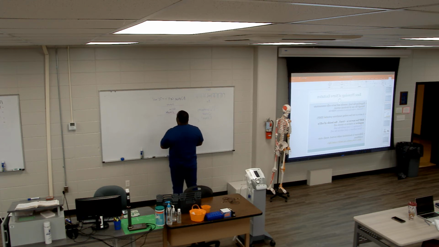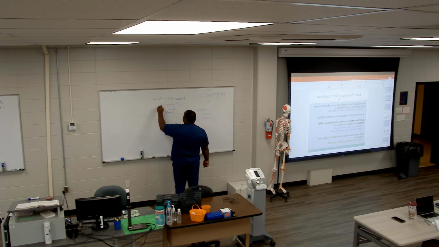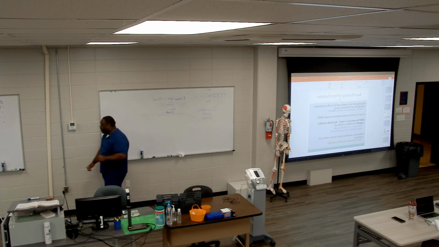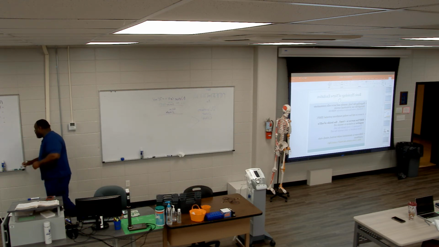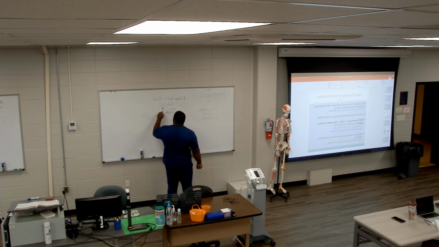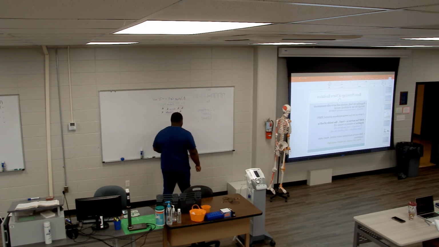Okay, so outside of my nerve cell, I have a lot of sodium. Sodium everywhere. But inside of my nerve cell, I have a lot of potassium. And that's helping to maintain resting membrane potential.